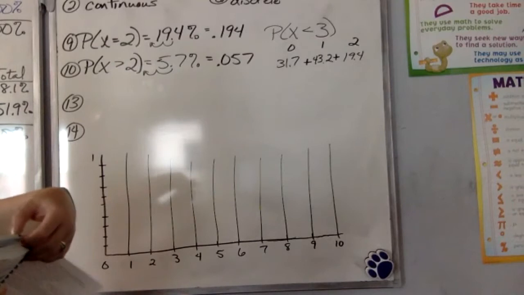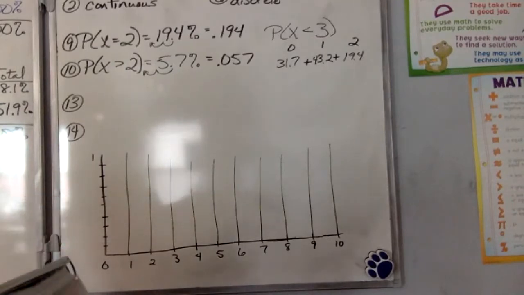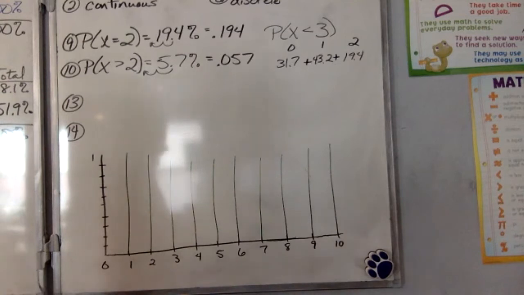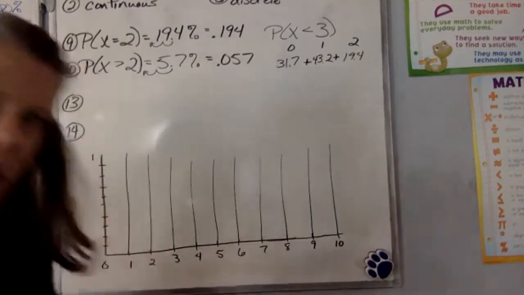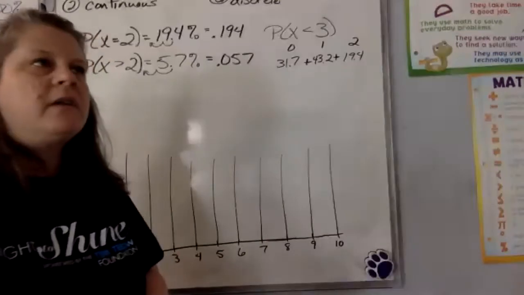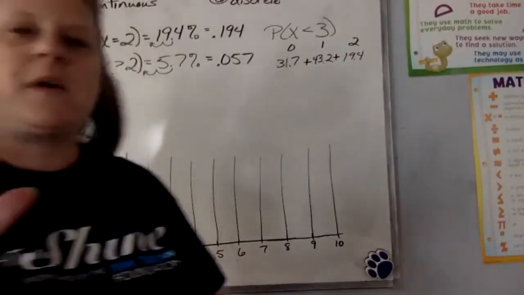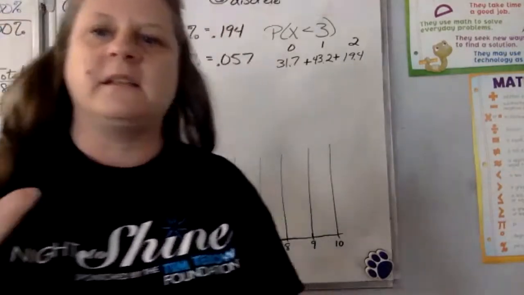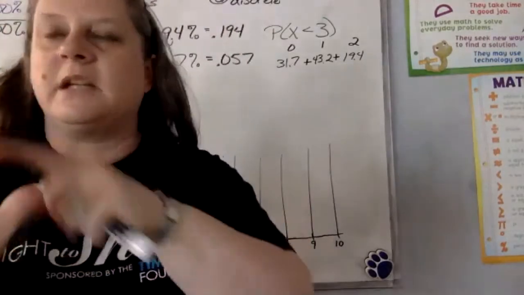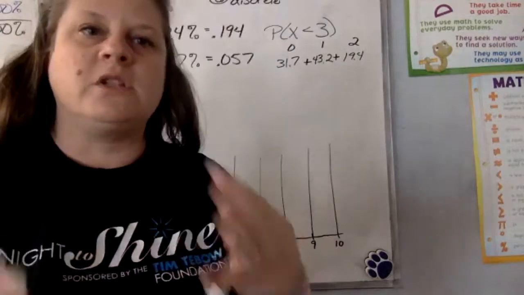Okay? So for a uniform probability distribution, uniform means alike. They're all the same. So if I have a spinner that has 5 sections that are all the same size, each section has the same chance of happening. So it's uniform.